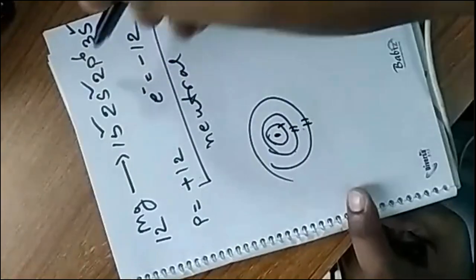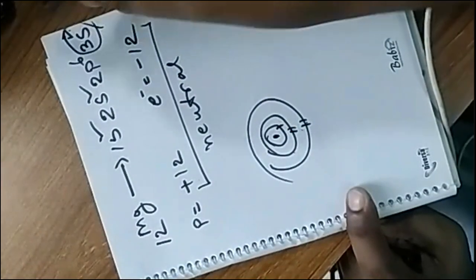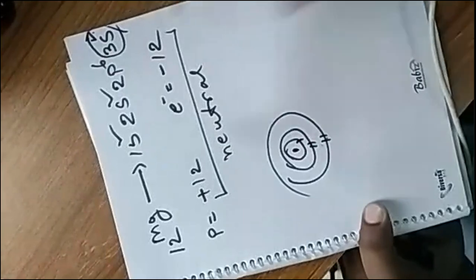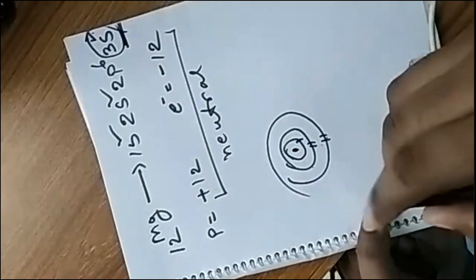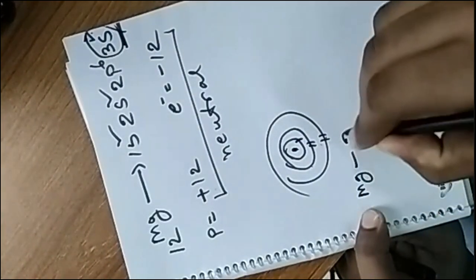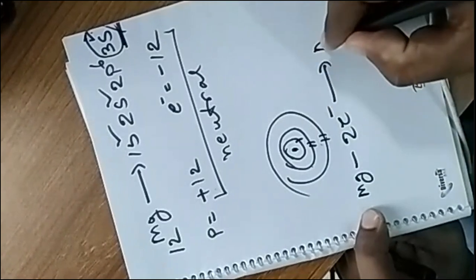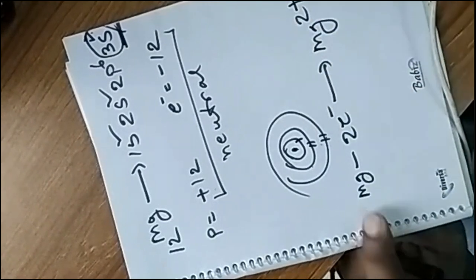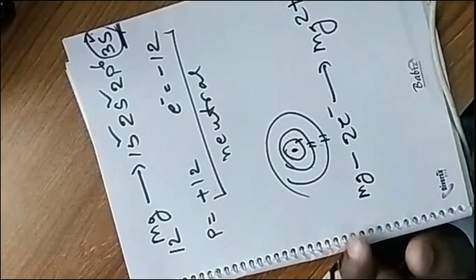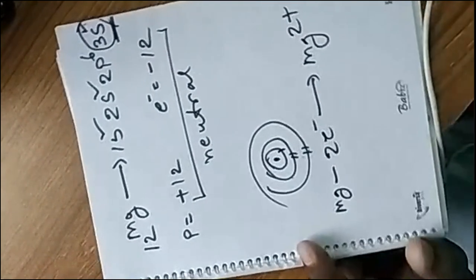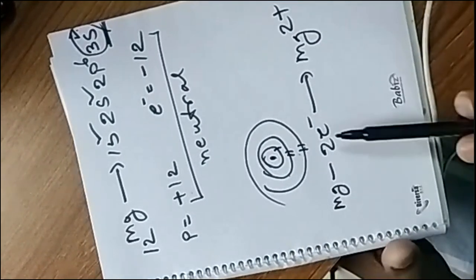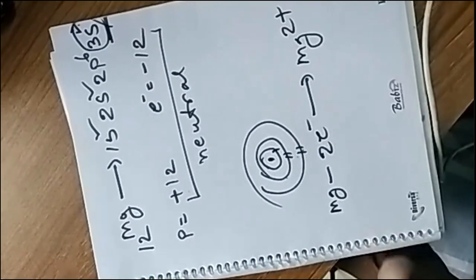When magnesium donates 2 electrons from its outermost energy level, then magnesium 2 plus will form. You can ask me, sir, what will be the number of protons? Actually, magnesium donates 2 electrons, not any proton.